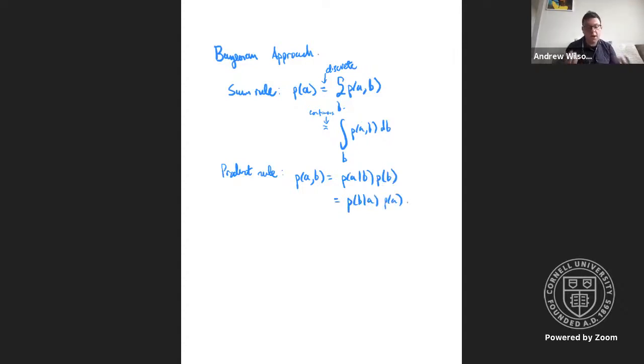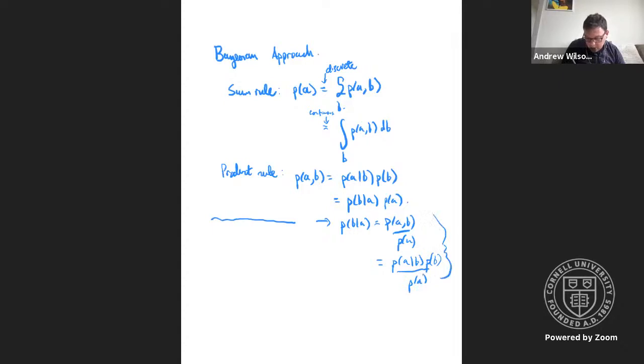And in fact, we can derive Bayes' rule from the product rule. So Bayes' rule isn't even really a fundamental rule. It's just a direct consequence of the product rule. If I just take the second line here of the product rule, that means that P of B given A equals P of A,B over P of A, which equals P of A given B, P of B over P of A. And so this is just Bayes' rule.